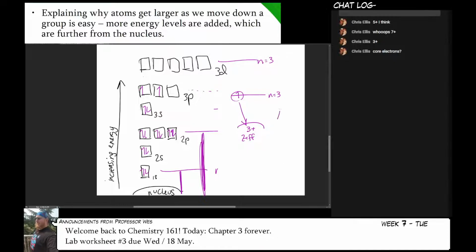And so this is aluminum. And then down here we'll do the same thing for silicon. Oops, not n equals 4, sorry. And I have S electrons in here too, but I forgot those.